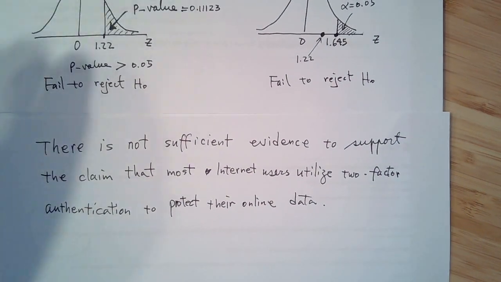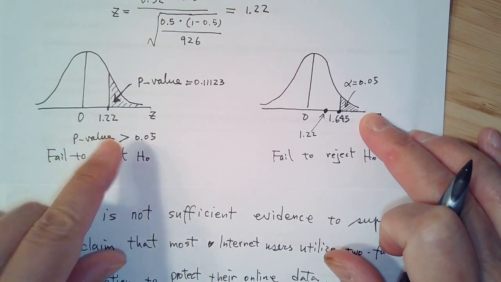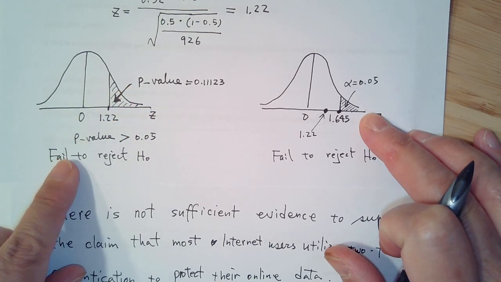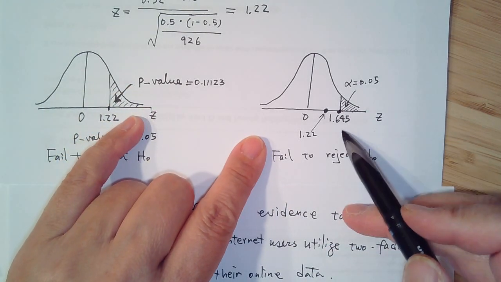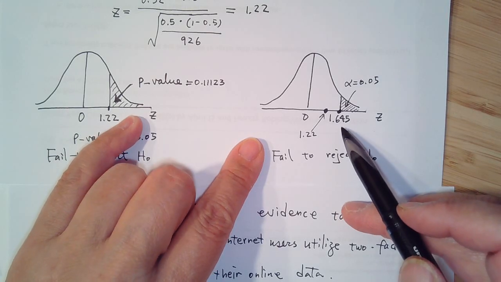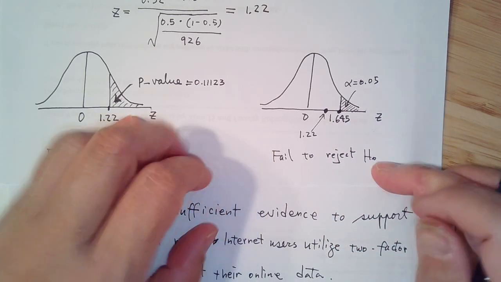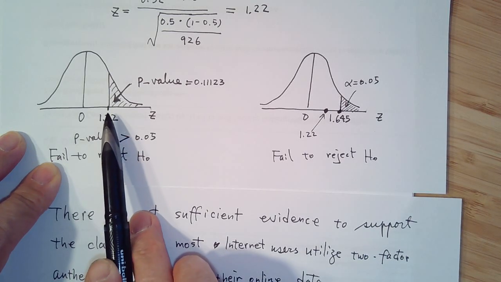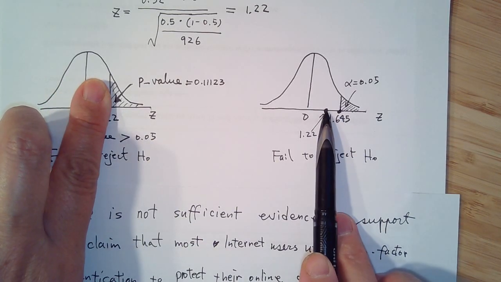Okay, so this way you can either use this method or this method, which means you either use your test statistic to find the p-value and then compare the p-value with alpha, or you go from alpha to find the critical value and then find whether your test statistic is in the rejection region or not. You should have exactly the same conclusion. Of course, if your z is 1.22, which is to the left of that, did you see that?